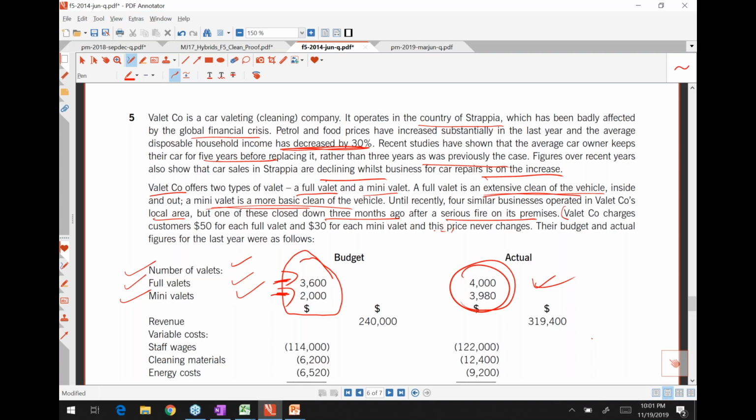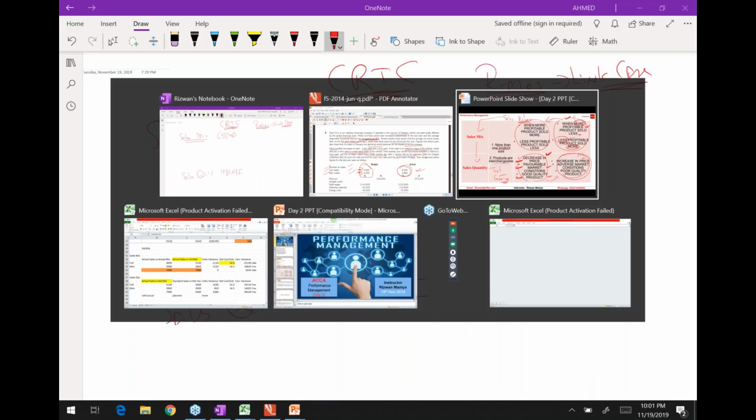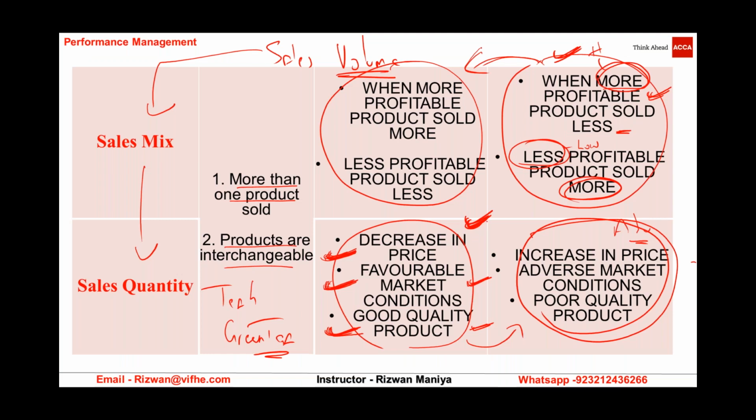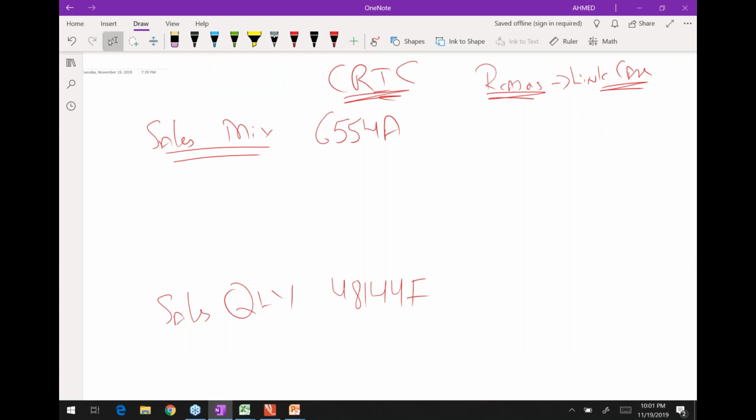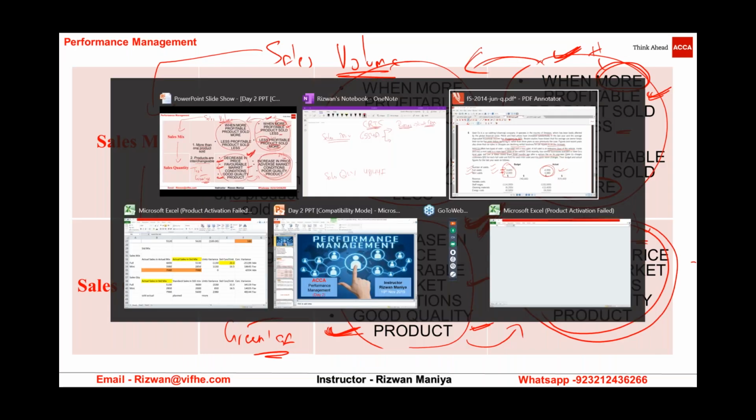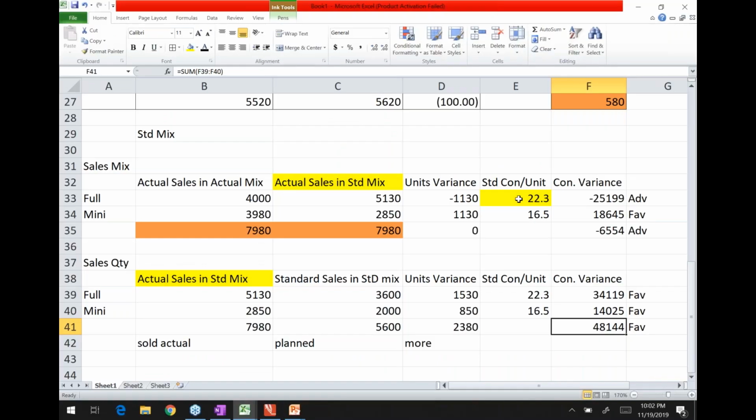Now, the reasons that I mentioned here: adverse for mix, favorable for quantity. Now I will create a link of these with the scenario. So starting from the mix. Mix is adverse. Reason, very simple. Full valets, being more profitable, sold less.